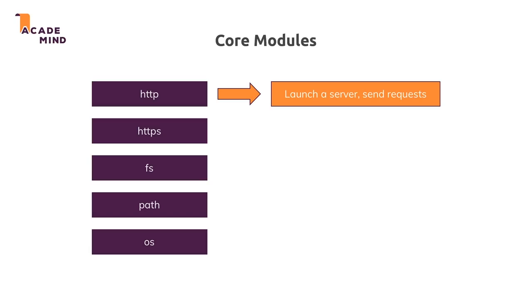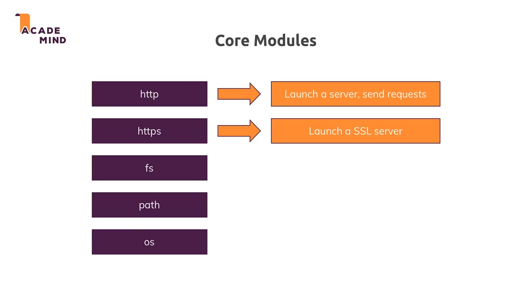For example, you could send a request to the Google Maps API to send some coordinates and get back an address. But that's just an example. Let's keep it simple here and let's focus on the launch a server aspect. HTTPS would be helpful when we want to launch a SSL encoded server, so where all the data which is transferred is encrypted. And as I mentioned earlier, this is something I'll come back to towards the end of the course. Now, with that, let's use that HTTP module.